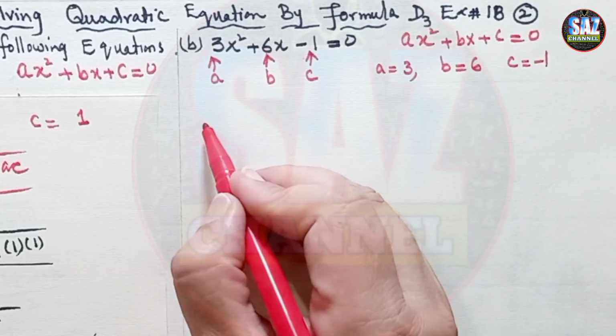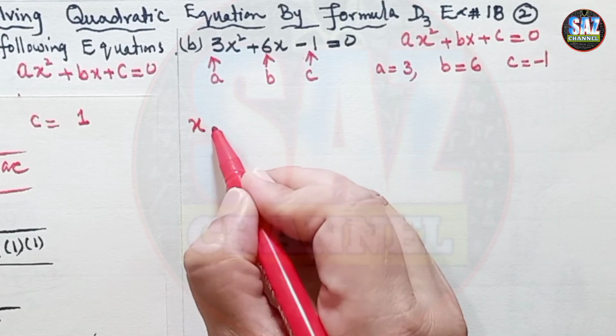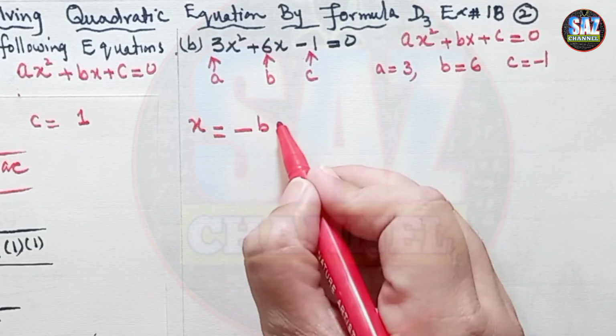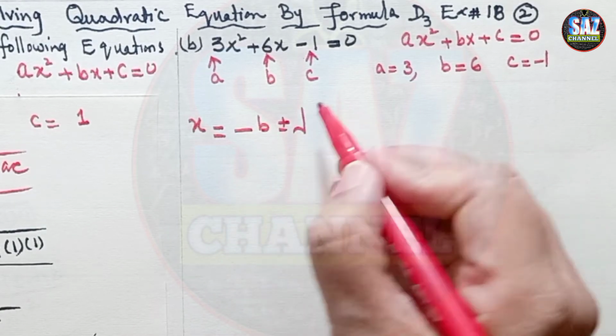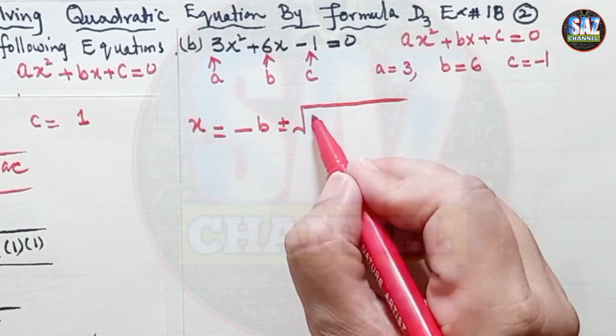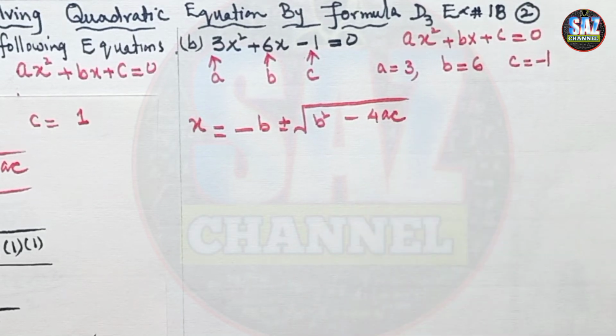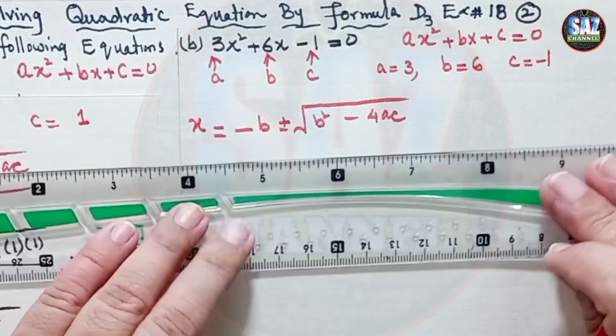Then I have to insert the values carefully in the formula. x equals minus b plus minus square root of b square minus 4ac, divided by 2a.